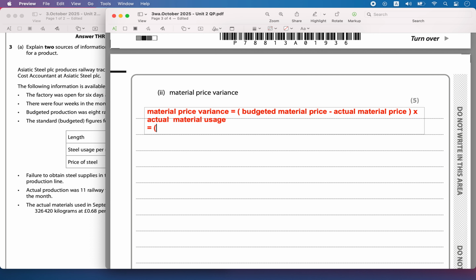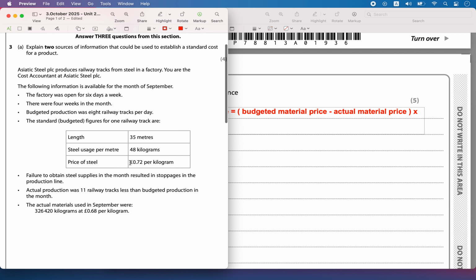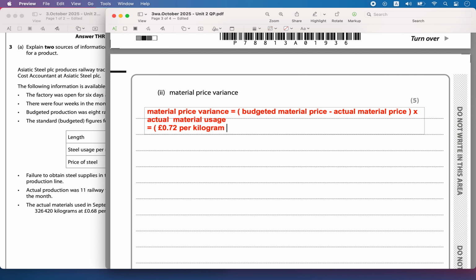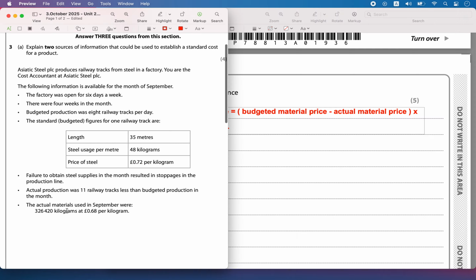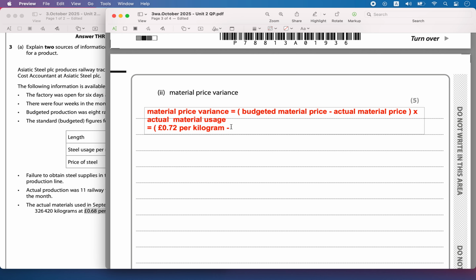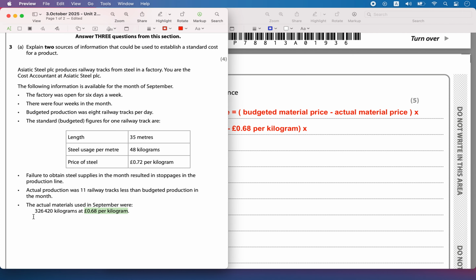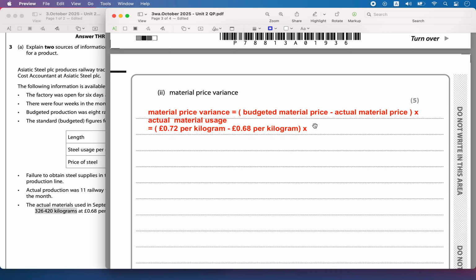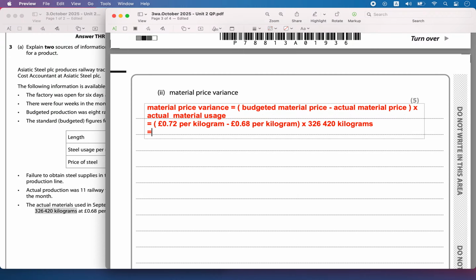So that is going to be equal to the difference in budgeted material price. Budgeted was 0.72 pounds per kilogram, minus actual was just bought at 0.68 pounds per kilogram, into the actual material usage. The material used was 326,420 kilograms.